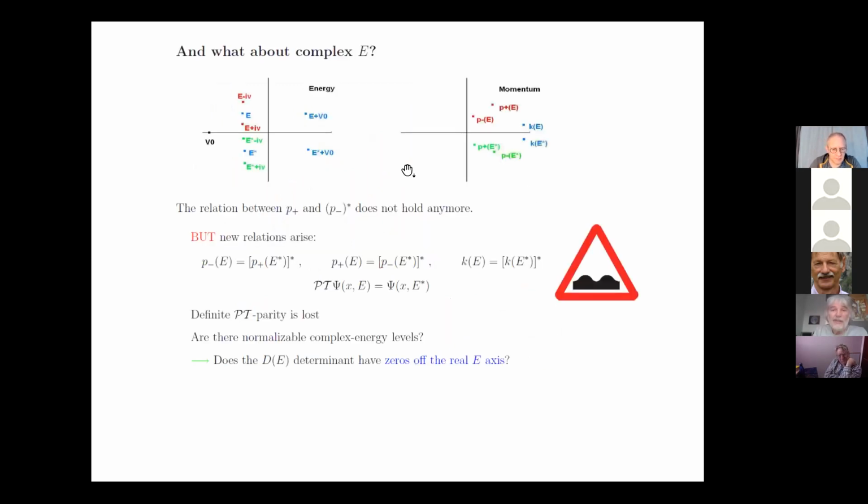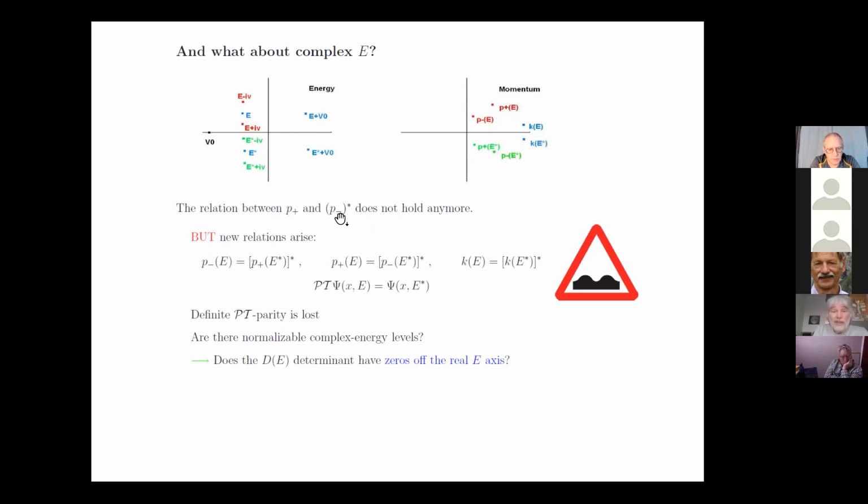Okay, let's see what about complex energies. Are there complex energy solutions? We cannot be sure, so we have to search for them. The situation here is more complicated. If you allow the energy to be imaginary, then in the momentum space, these plots will behave in a more complicated way.